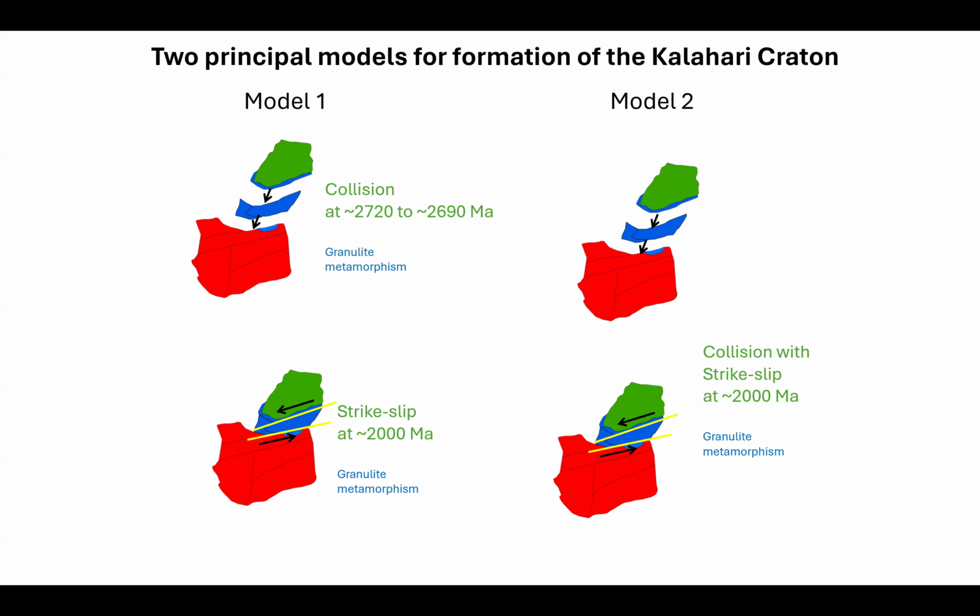And then there's a reactivation with a lot of strike slip motion at about 2,000 million years ago, again with granulite metamorphism. An alternative model suggested by many people is that all of this actually occurred at about 2,000 million, the full-on collision and the strike slip motion.